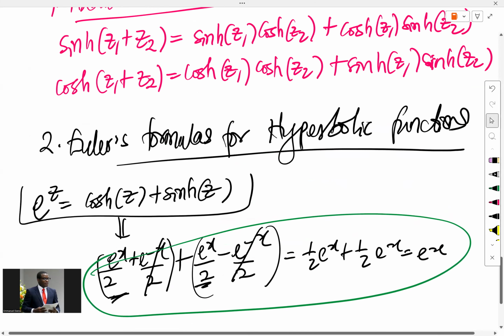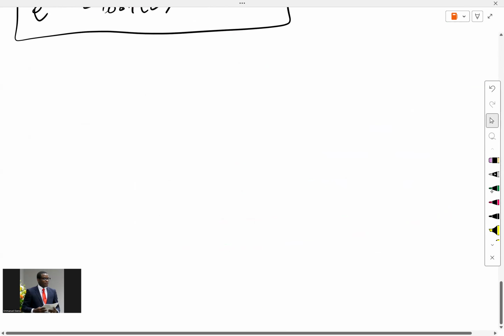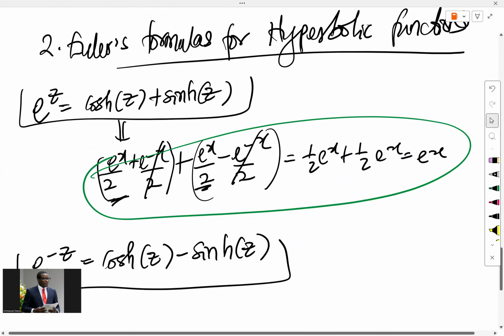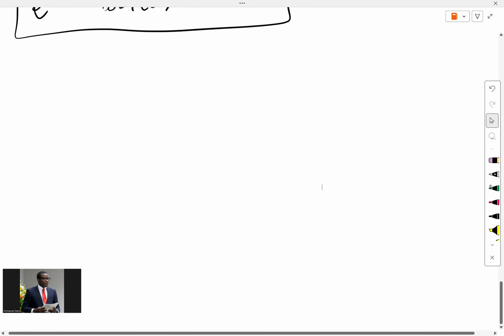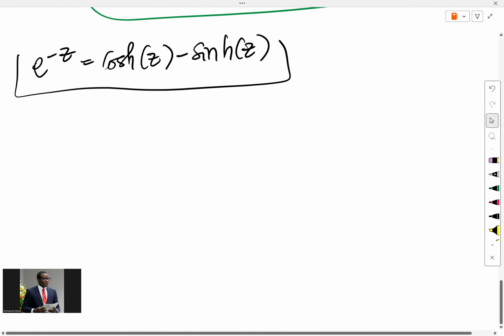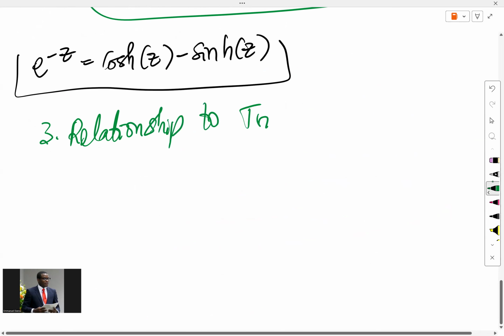And then we can move on to the third one, which is about relationships to trigonometric functions. Of course, we saw one already.